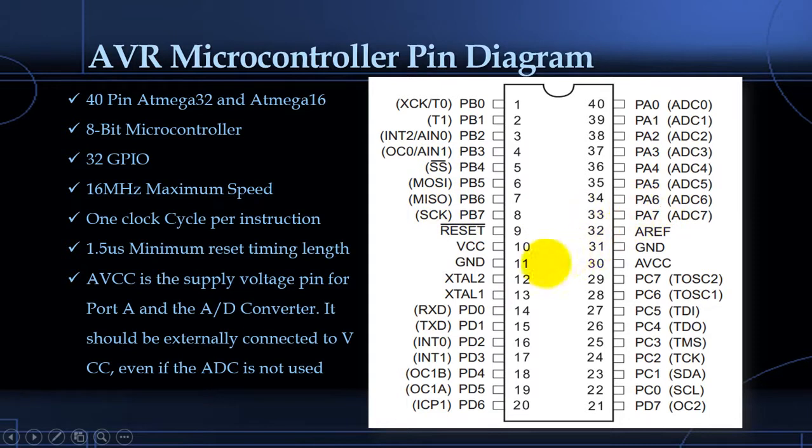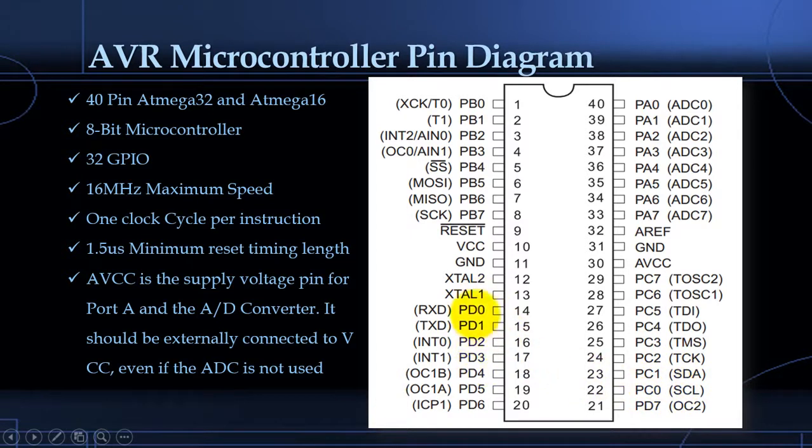Port C has the TOSC2, TOSC1, and TDI, TDO, TMS, and TCK for JTAG, and this one is for I2C communication.